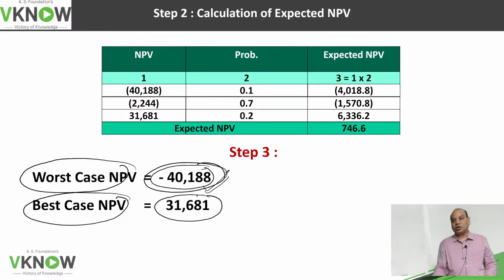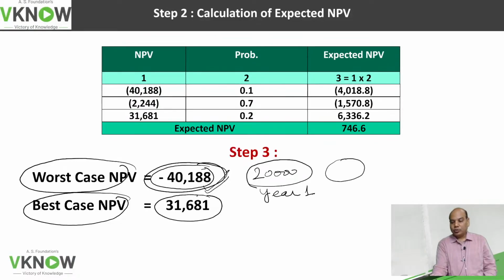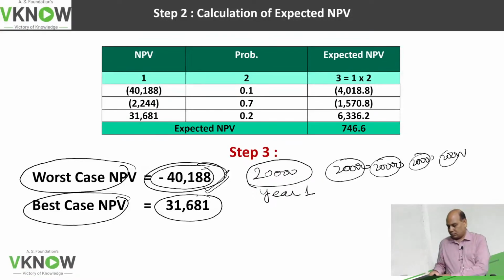So if cash flows are perfectly correlated over time, which means if you get lowest cash flow 20,000 in year 1, you will get 20,000 in all the years.